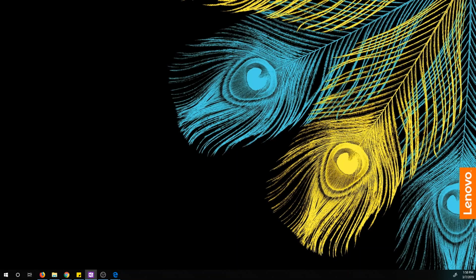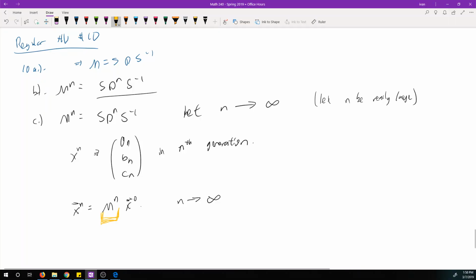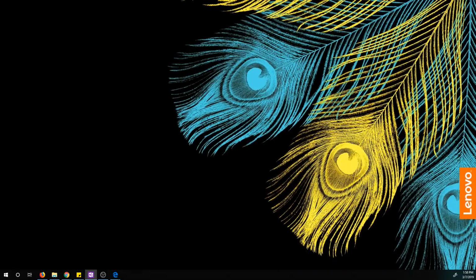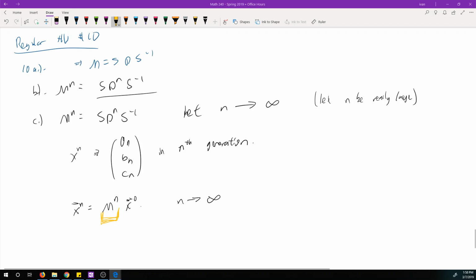Number 6 on the recitation homework. Wait, does this one still say in part B that the eigenvalues may not be explicitly determined?